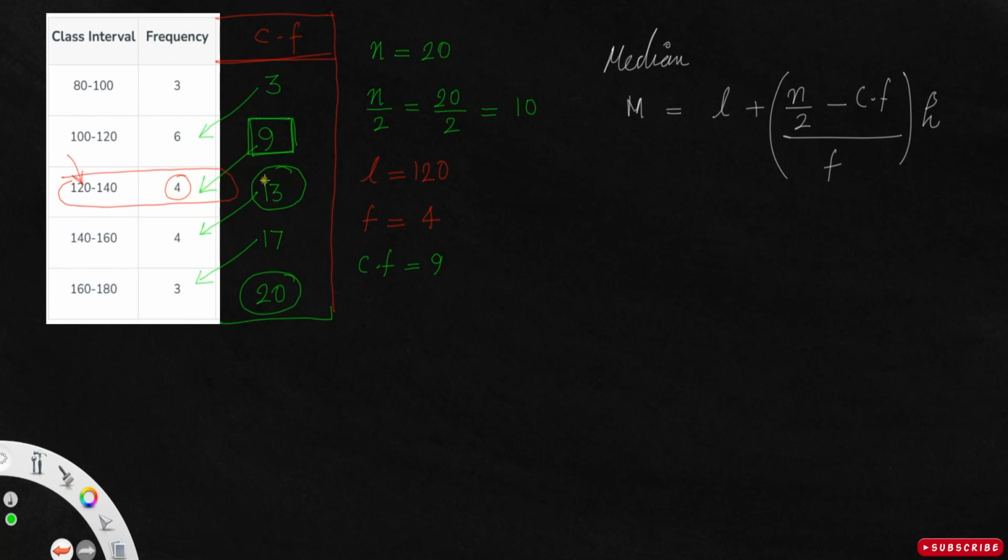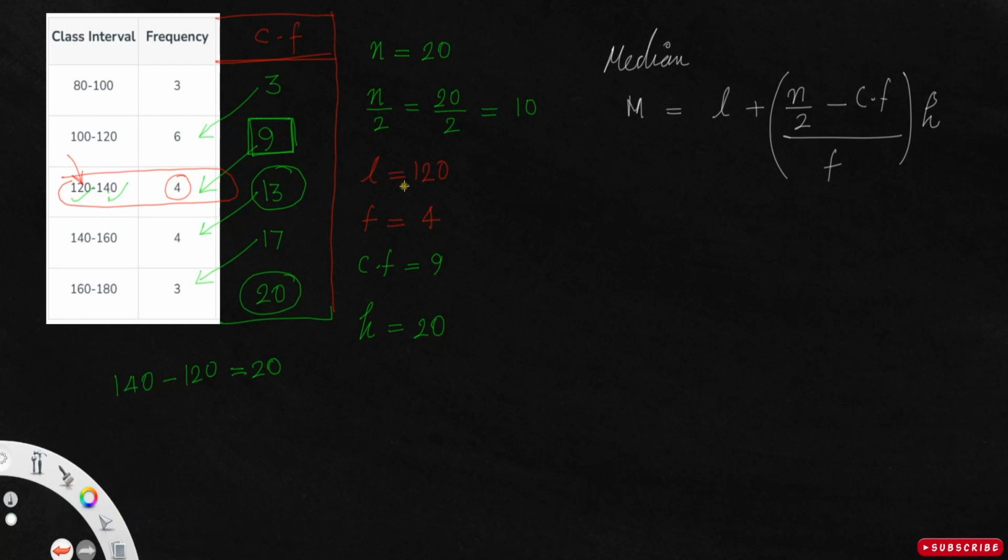Cumulative frequency is the number behind the 13. Now, again, h, I can take any class, that is 140 minus 120. That is upper limit minus lower limit gives the h. That will be 20. Okay, so h is equal to 20.